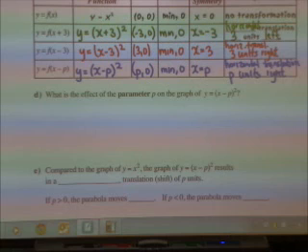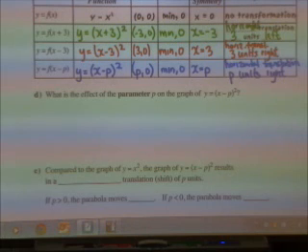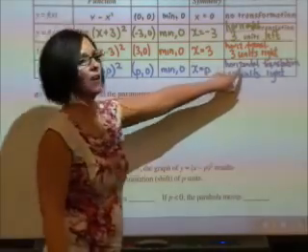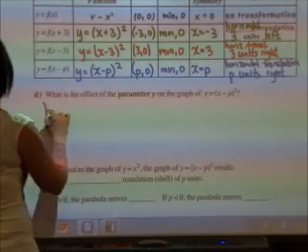So what effect does the parameter p have on the graph? What did p do to the graph? It has a horizontal translation for p units. Yeah, it's exactly what we have written right here.